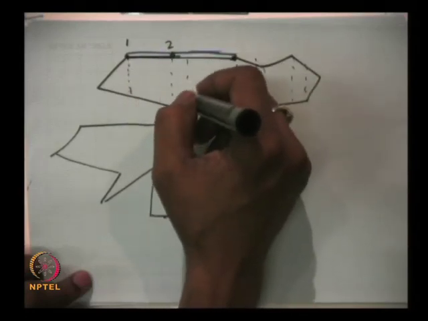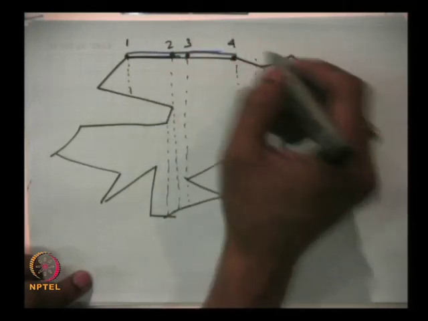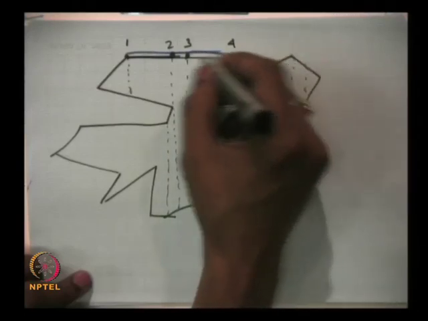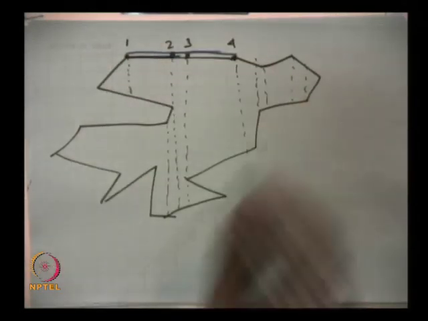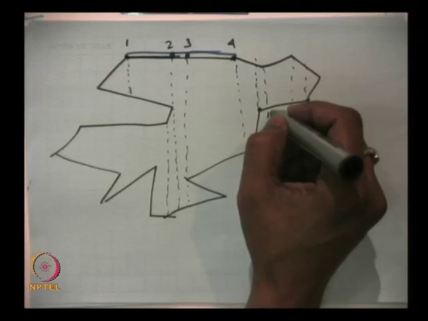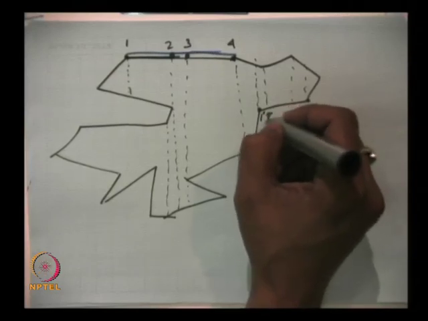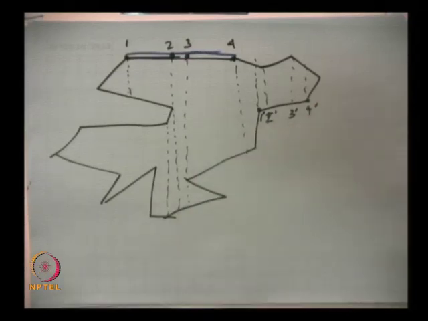Then we have 3 and then we have 4, and that is all. Those are all the 4 vertical lines that terminate on that edge. Likewise, we can define it for every other edge. If you look at this edge, you will find again, let us say, 1 prime, 2 prime, 3 prime, and 4 prime. So, on every edge we look at the ordered sequence of the vertical lines that terminate on that edge.